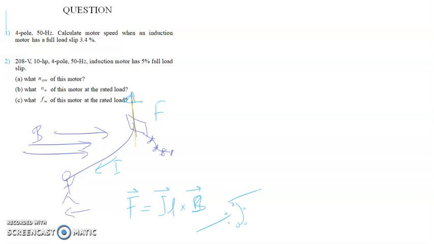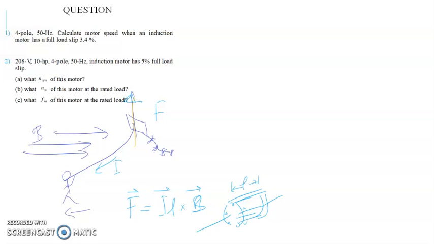This is your shaft, this is your motor, the rotor, and this is the copper bar. The longer the length of the copper bar, the higher the force will be. It is the same as your field and your current.